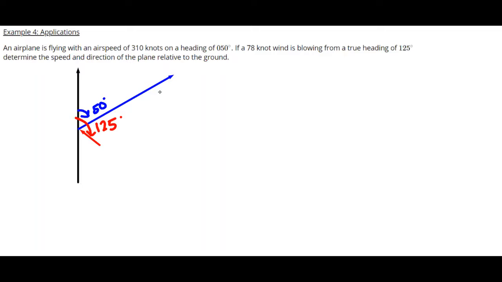Now what we want to do is determine the speed and direction of the plane relative to the ground. So the result of both the wind and the speed of the plane. We want to put these two together.